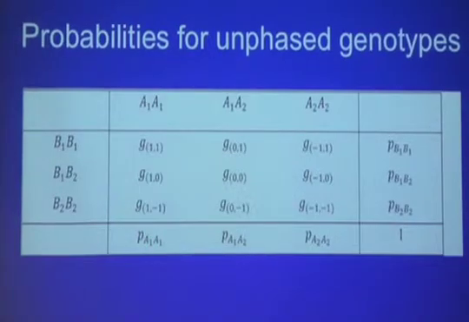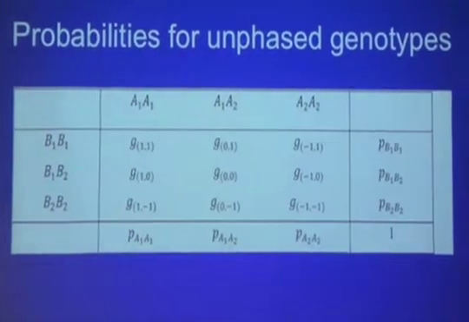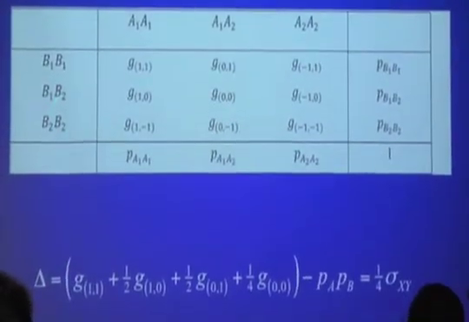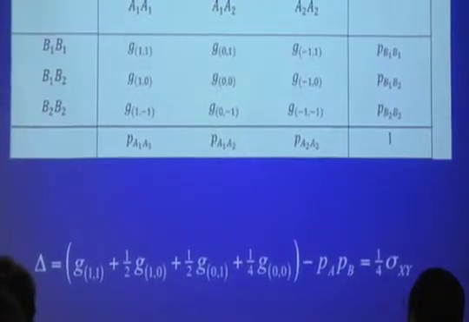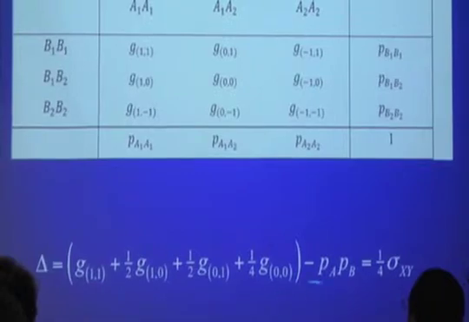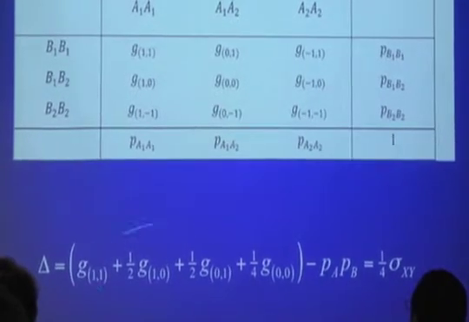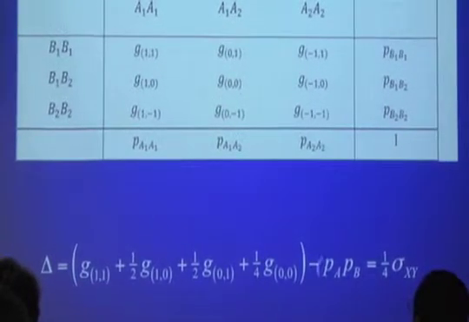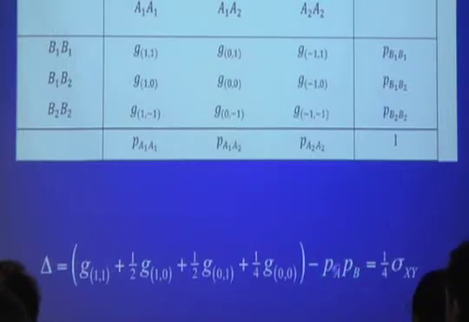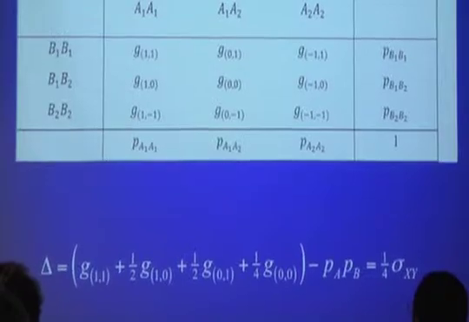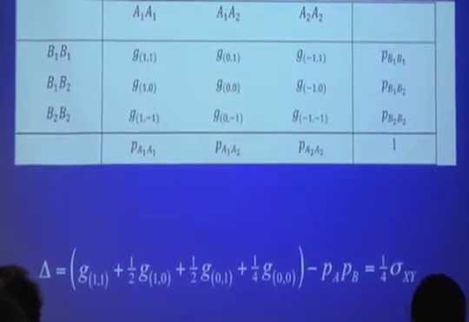And these down here, they will have a 1/4 probability of being A1, B1. That's where all that comes from. So this is the probability of being A1, B1 minus the product of the mean of the A and the mean of the B. Very simple, really, if you think about it.